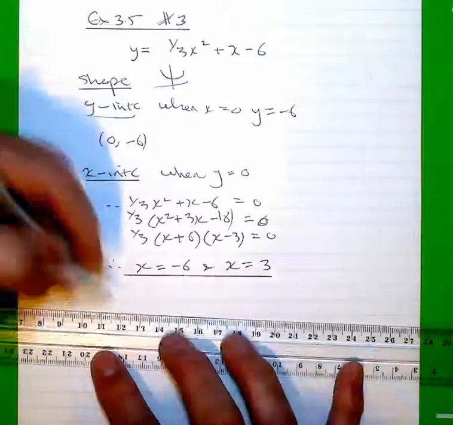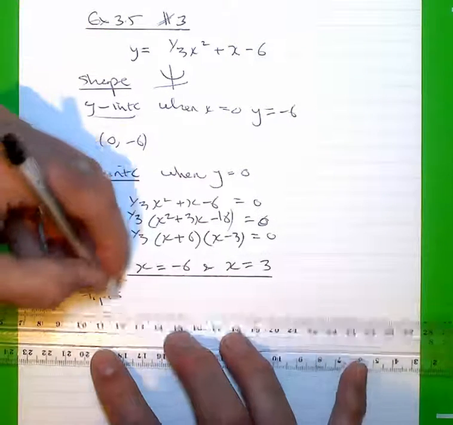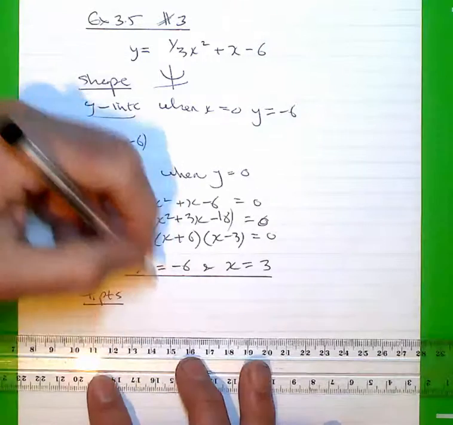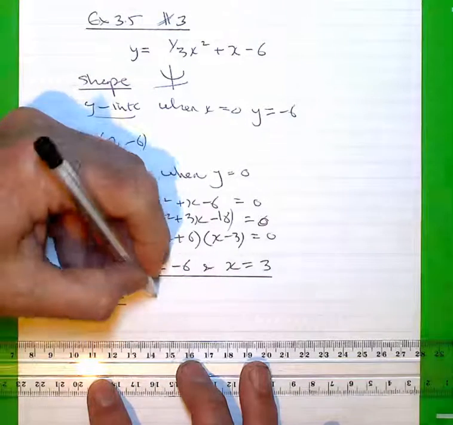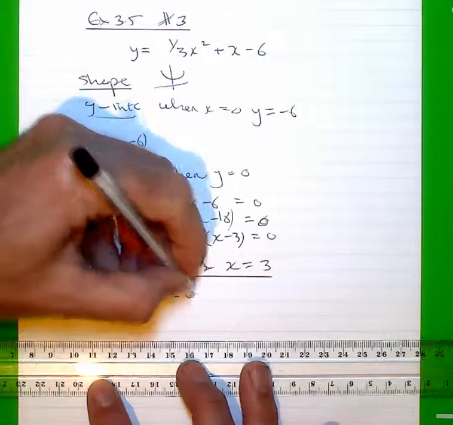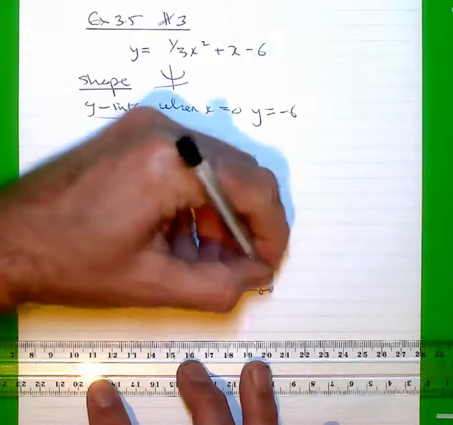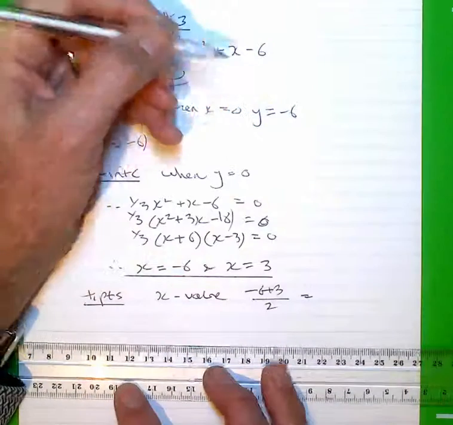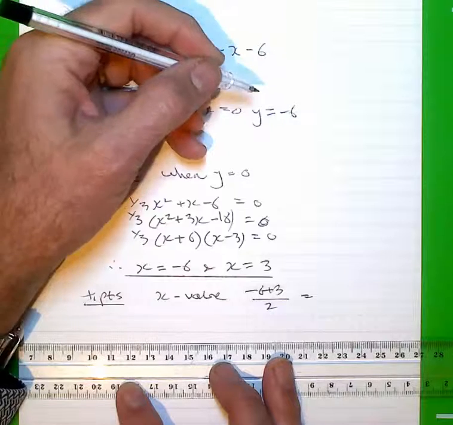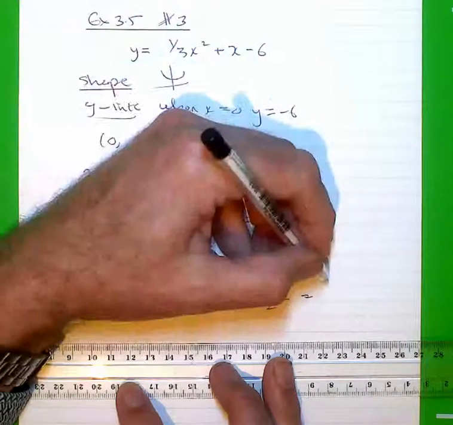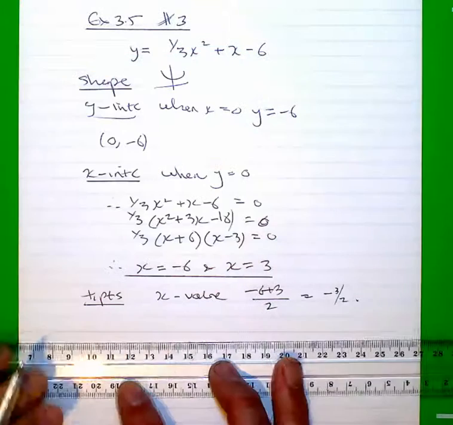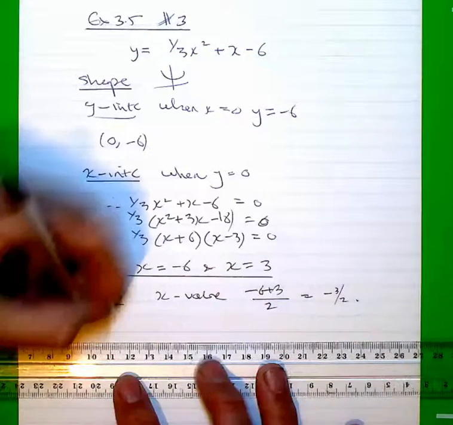Now to locate the turning points, I'm going to do this by completing the square. You could also find it simply by the x value, -6 plus 3 over 2, and you'll soon find that gives you -3 over 2 as your x value, and you can substitute that in.